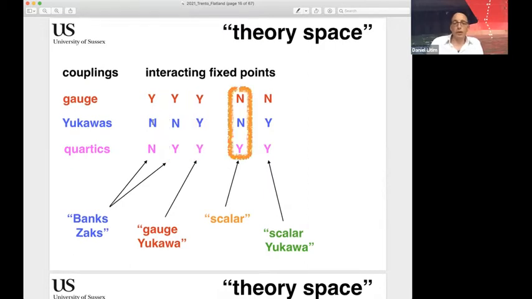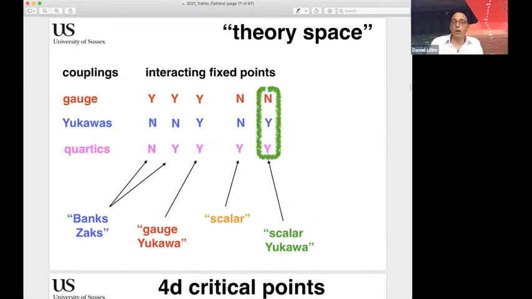But a priori, you could have scalar fixed points, so no gauge interaction, no Yukawas, or you could get scalar-Yukawa fixed points where only the gauge couplings are switched off, but fermions and scalars together maybe form a fixed point. Okay, so what's then the result?